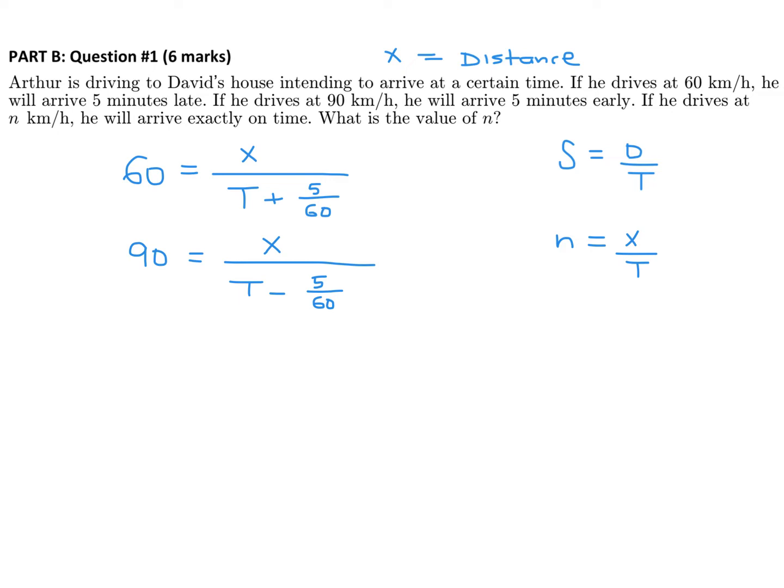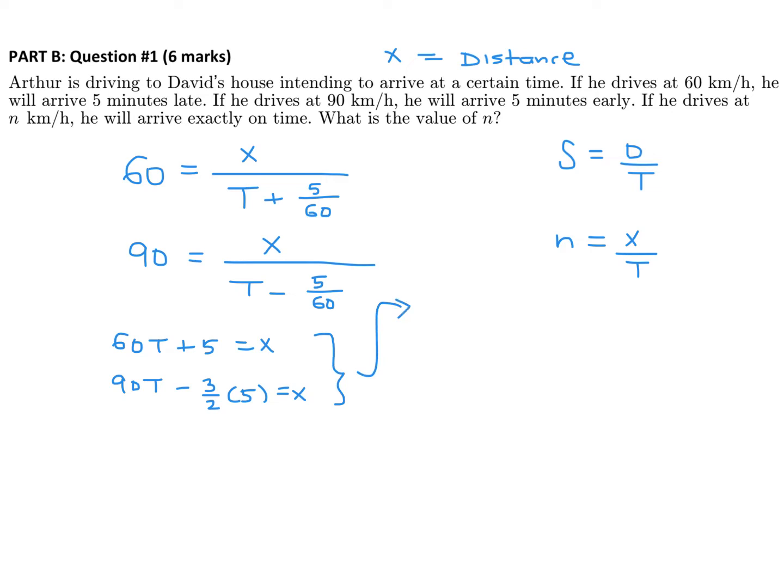From the first equation, we get 60t plus 5 is equal to x. And then the second equation, we get 90t minus 3 over 2 times 5 is equal to x. Okay, so they're both equal to x, so we can set them equal to each other.